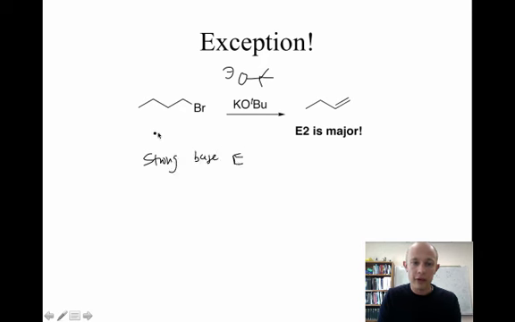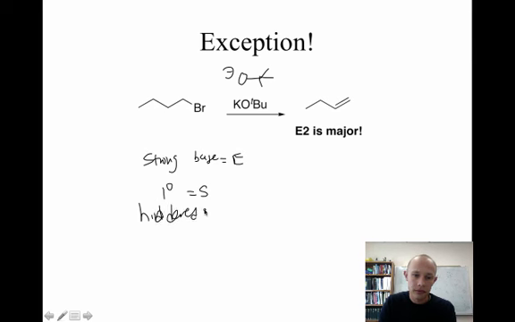We look at our substrate, it's primary, that favors substitution. So the tiebreaker is the hindrance of our base. This is one of the two hindered bases that we talked about. So yes, that favors elimination. So we have two factors favoring elimination. That's why elimination is the major pathway.